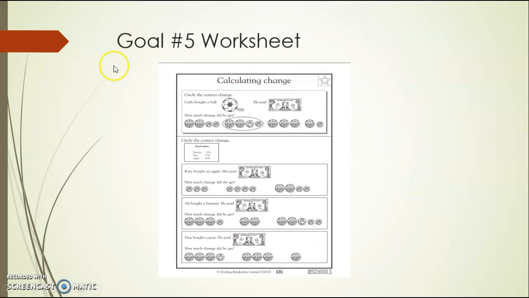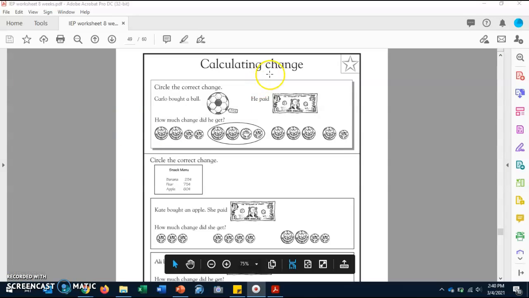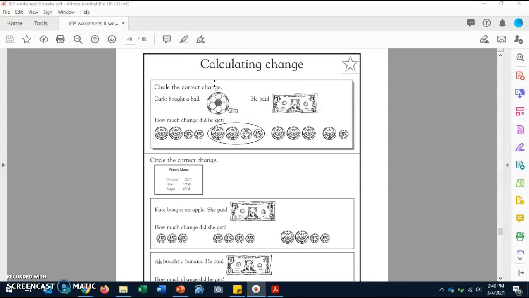So now for this worksheet, we are going to be calculating change. And it has a ball symbol, and then a dollar bill over here on the right. So if you can please take out this worksheet so we can work on it together. This worksheet is called Calculating Change, and what we are going to do is circle the correct change. In this case it says Carlo bought a ball.